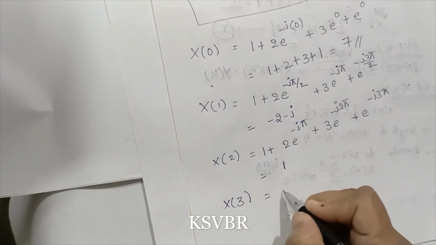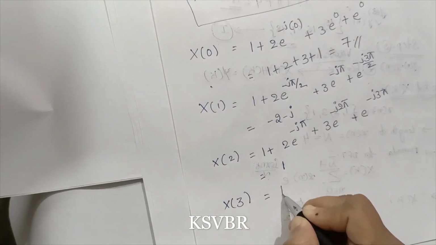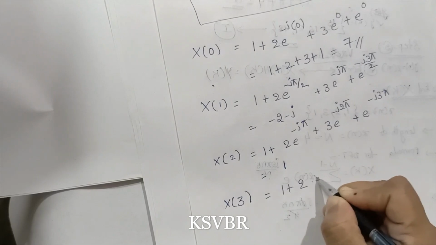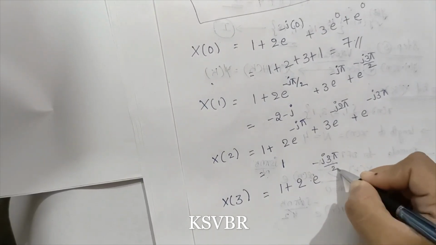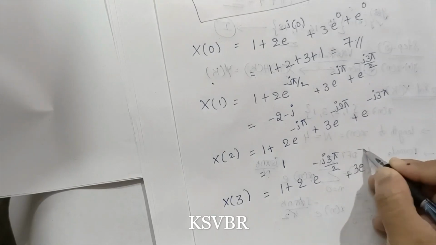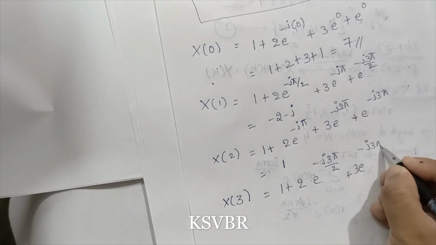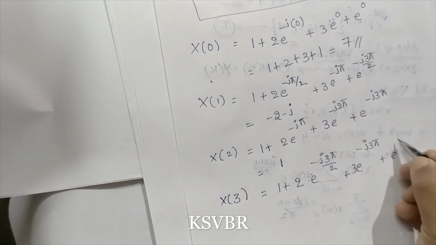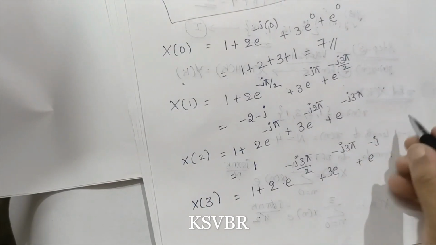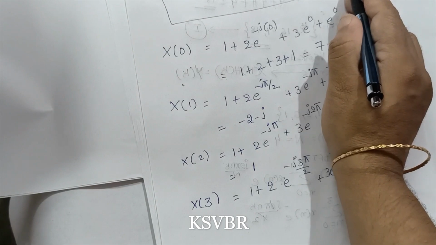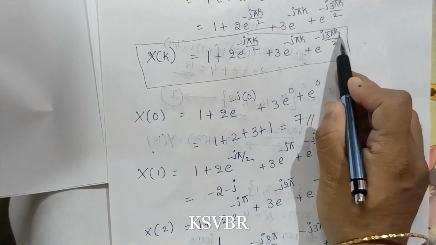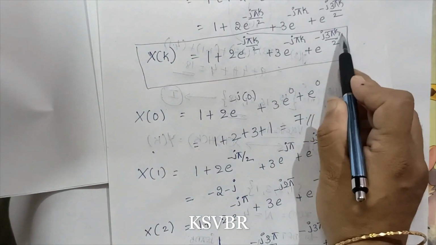So X of 3 is equal to 1 plus 2 e power minus j 3 pi by 2 plus 3 e power minus j 3 pi plus e power minus 9 pi by 2. Yes, so if you substitute k equal to 3 here, k into 3 will be 9.